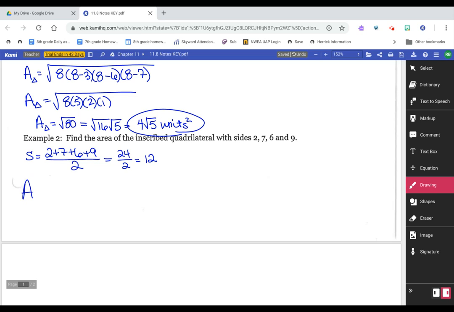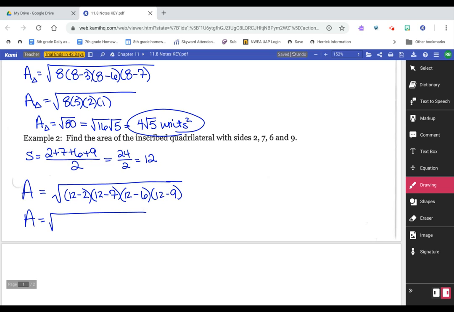All right, the area formula for a cyclic quadrilateral, we have semi-perimeter minus the first side times the semi-perimeter minus the next side times the semi-perimeter minus the third side times the semi-perimeter minus the fourth side. Okay, let's simplify this.